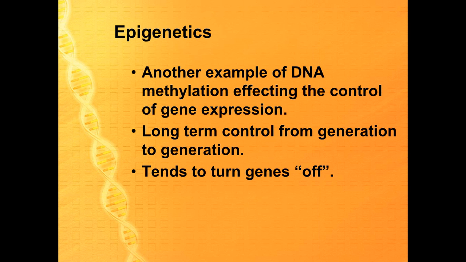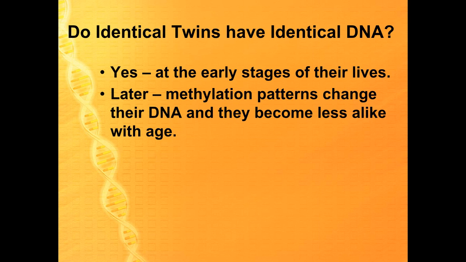We inherit what we inherit, but if you look at identical twins, they're identical at birth. But over time, the nurture version of their phenotypes, their methylation patterns, are going to change based on their exposure. Maybe one twin is a smoker, one twin is not.